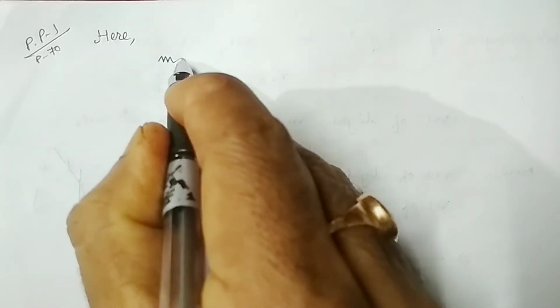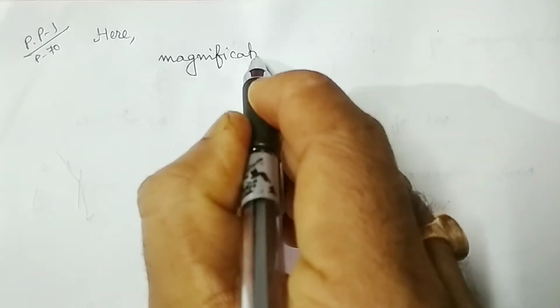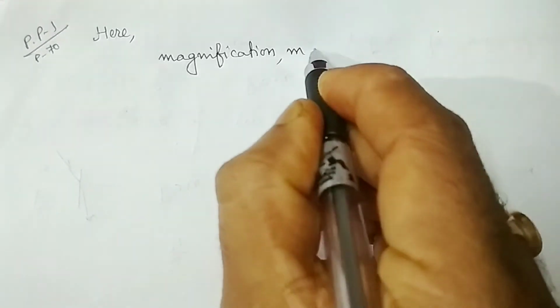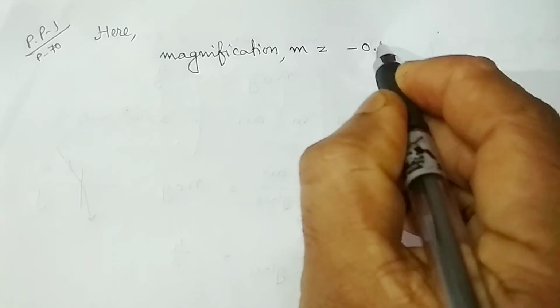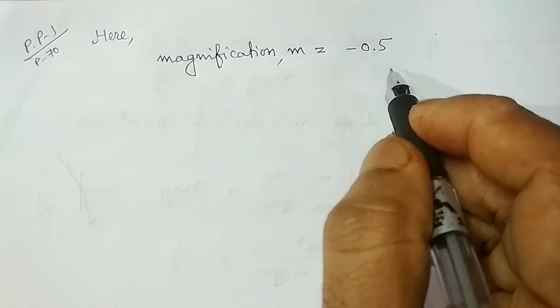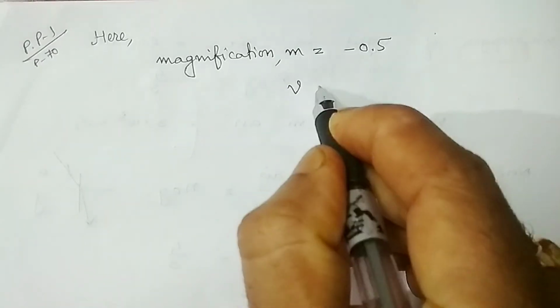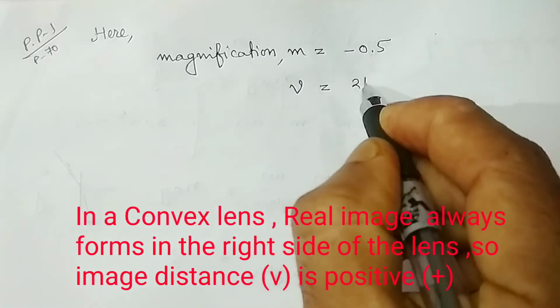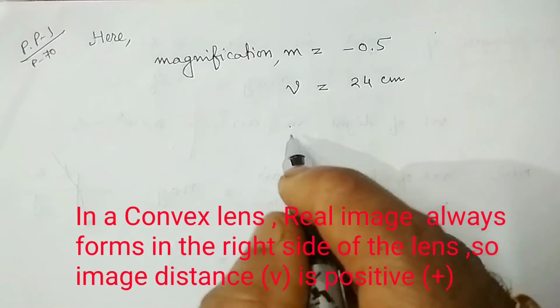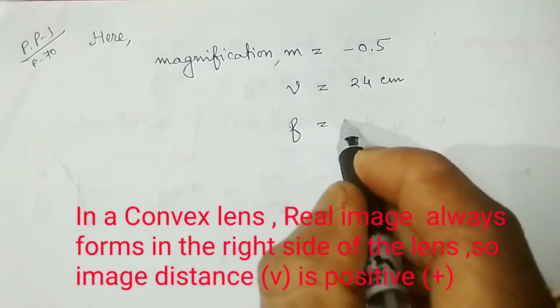So magnification, symbol M, is minus 0.5, and it is given that the distance of the image from the lens is 24, so image distance is 24 cm, and we have to find the focal length of the lens.